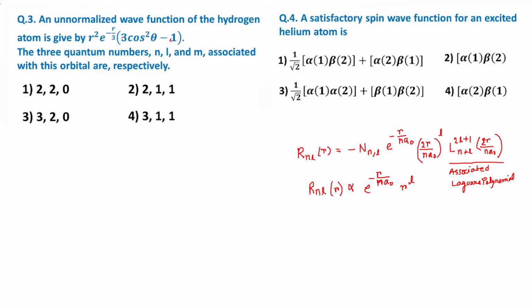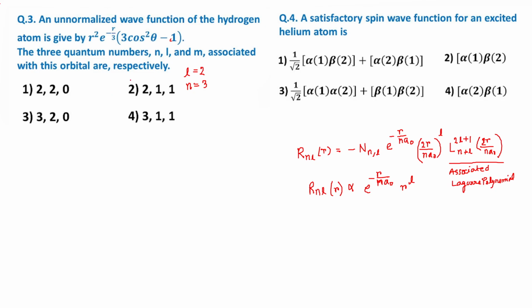This part we don't want right now, but you can see this. So r to the power 2, and here your radial wave function has the r to the power l term. So your l is actually 2, right? Now, what about n? You can see the exponential function, exponential minus r by 3. Here something like exponential minus r by 3 a naught could have been there, right? So your n is 3, and l is 2.